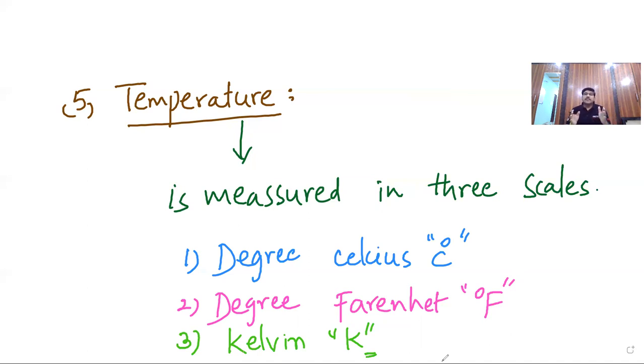So these are the three scales on which temperature of a given substance is measured: degree Celsius, degree Fahrenheit, and Kelvin. And how do you measure? All of us know that a thermometer is used to measure the temperature.